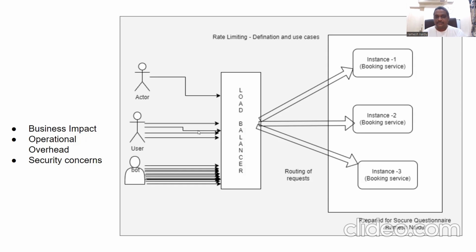So, from the business point of view, seats were shown as blocked because of too many requests coming from bots or illegitimate customers, in spite of tickets being available at the theater or event place. Second is the increasing operational cost. The third problem is the security concern, where we offer certain coupons to customers to take advantage of during festival times and other times.